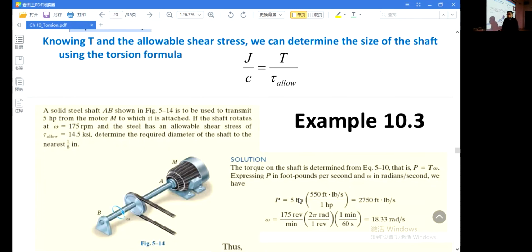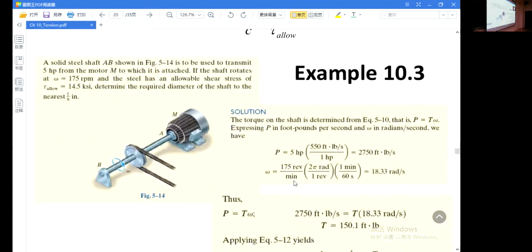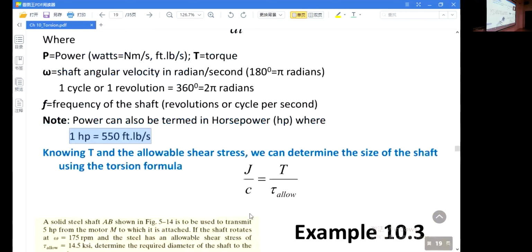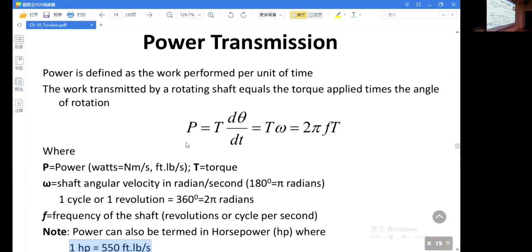Then we will find T, because the power is T times omega. We know power is T omega. That's right.